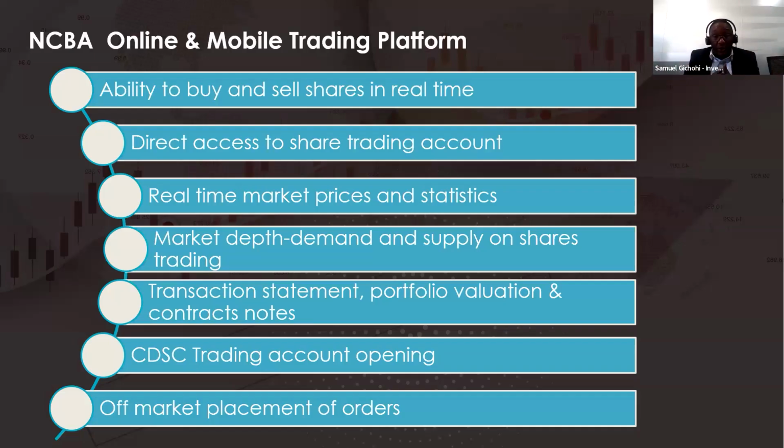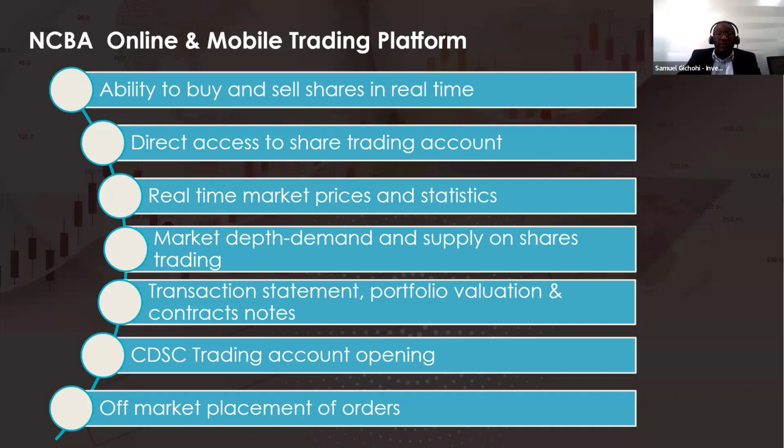And once the market opens, your orders will be executed. It also helps you to see demand and supply, what transactions you've done, different statements, and also allows you to open an account, a trading account.